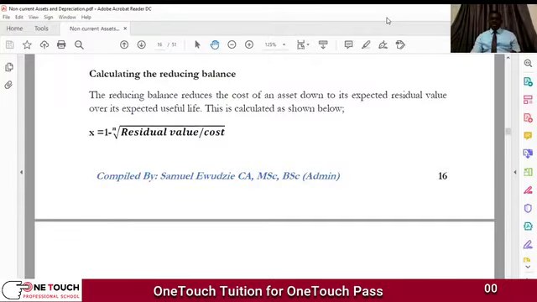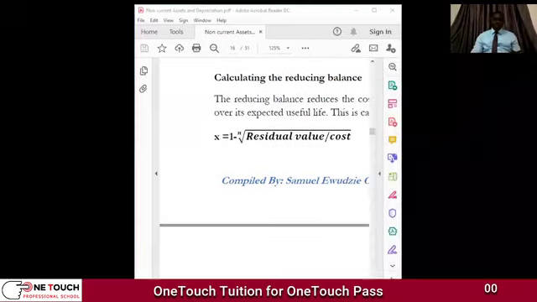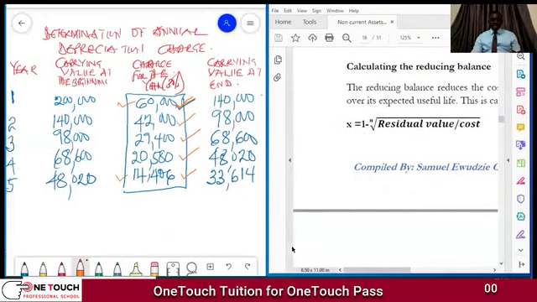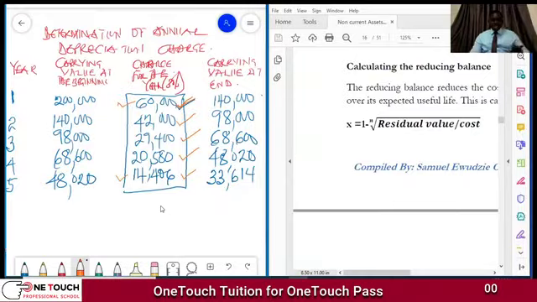So let's try this example so that we know how to go about it. But as I indicated earlier, it is very rare that in exams you may be asked to determine that.